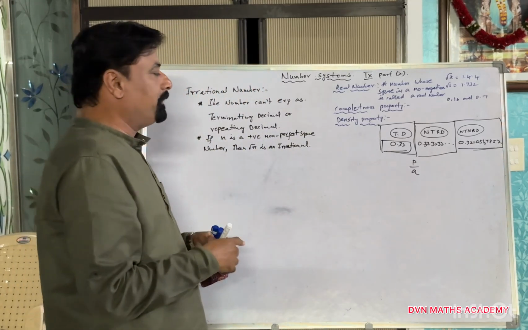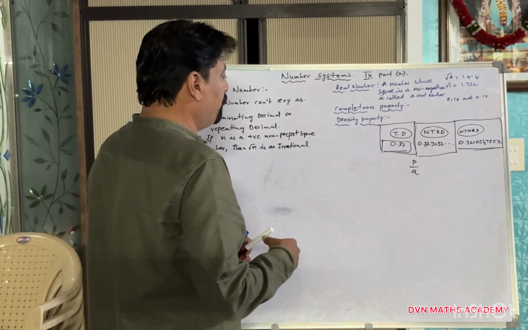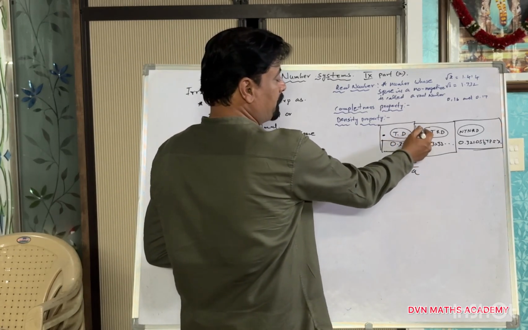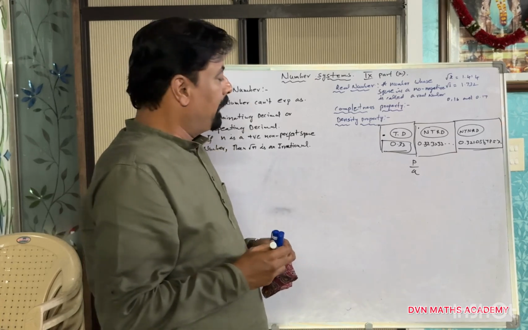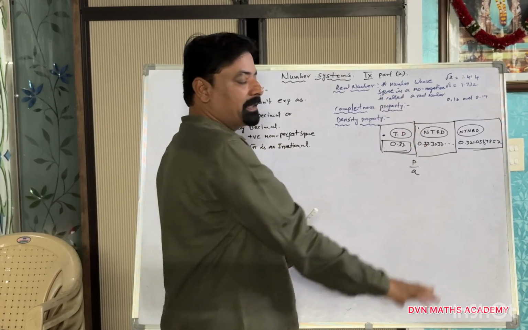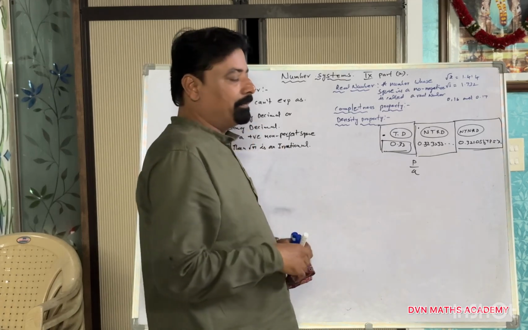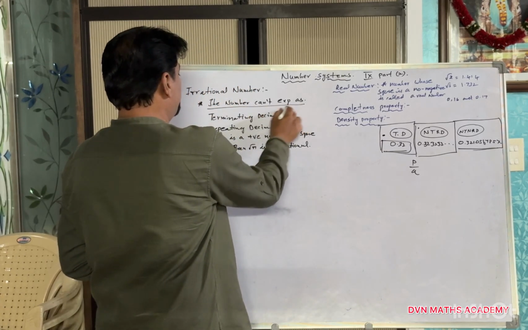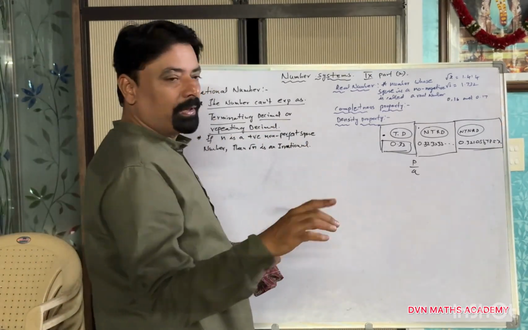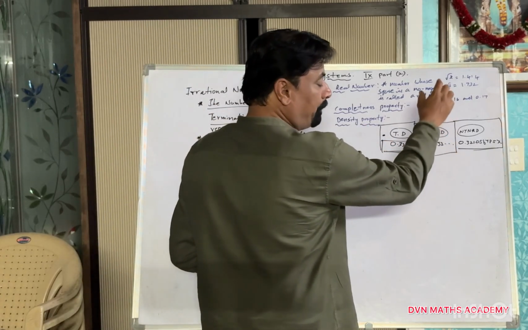Here I will tell you two types of definitions of an irrational number. The first definition: a number we cannot represent in the form of p by q, I mean in the form of a terminating decimal or non-terminating repeating decimal. If a number cannot be expressed as a terminating decimal or repeating decimal, that number is an irrational number.